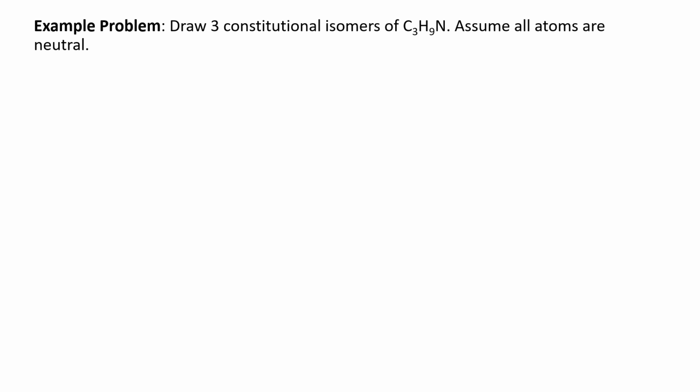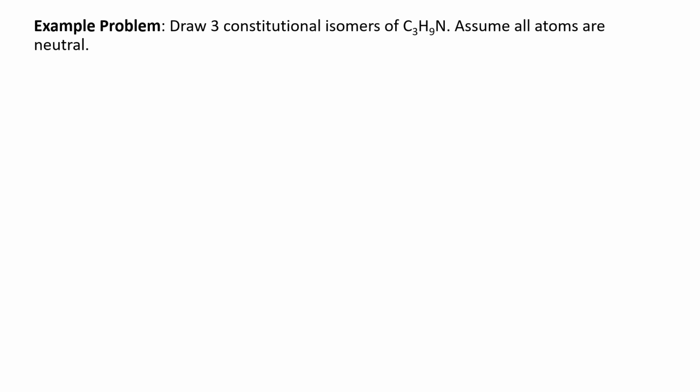Assuming the formal charges are 0 for each atom, use that table in your notes to try to come up with all the combinations for as many isomers as you can. I believe there's 4. Try to get 3 out of the 4. So go ahead and stop the video and try to come up with as many isomers as you can for C3H9N. And once you're done, come back and look at my answers.